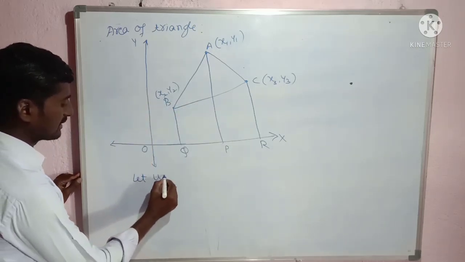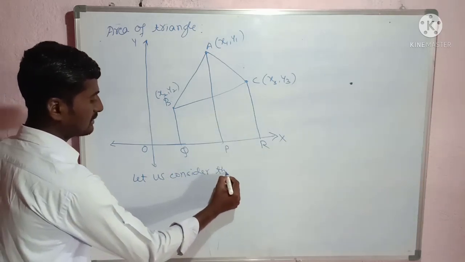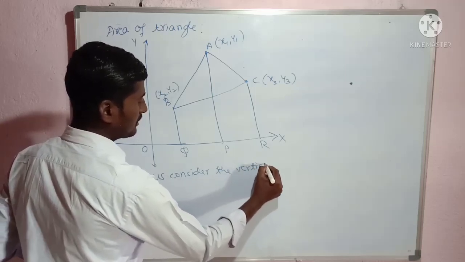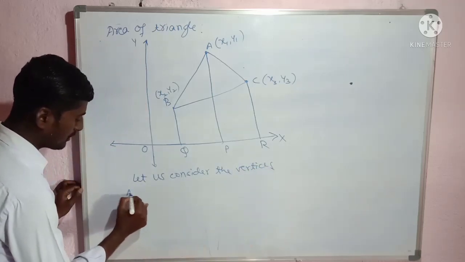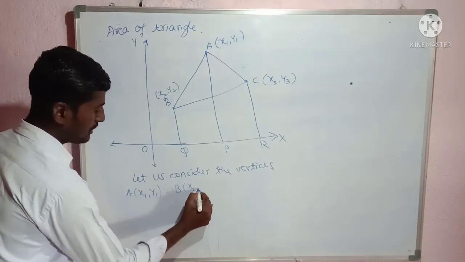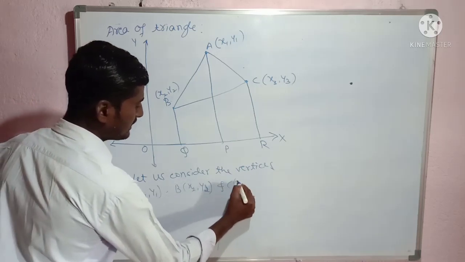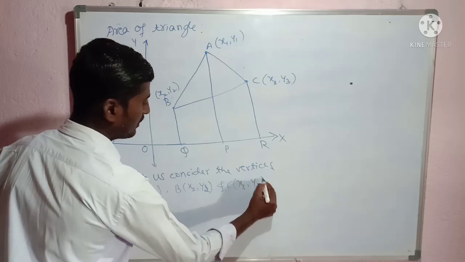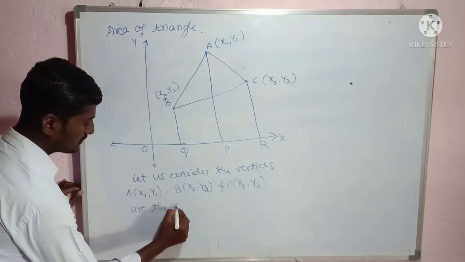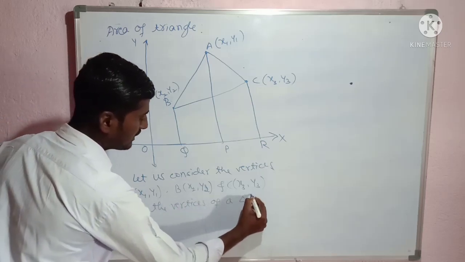Let us consider the vertices A x1 y1, B x2 y2 and C x3 y3 are the vertices of a triangle ABC.